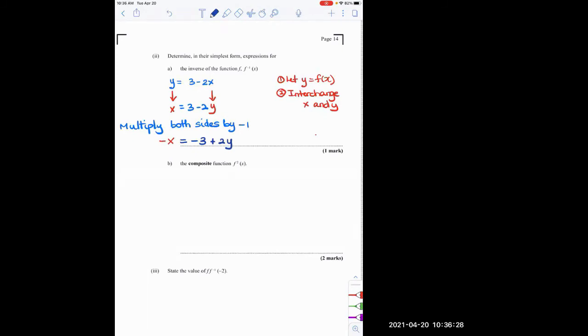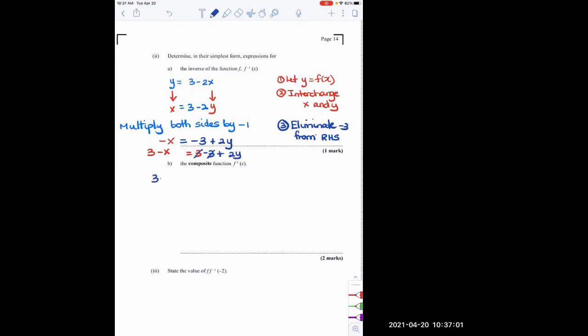Yeah, miss. Right. Now, step 3, eliminate -3 from the right-hand side. How am I going to eliminate -3? What is the inverse of -3? Positive 3. So 3 minus x is equal to 3 minus 3 plus 2y.